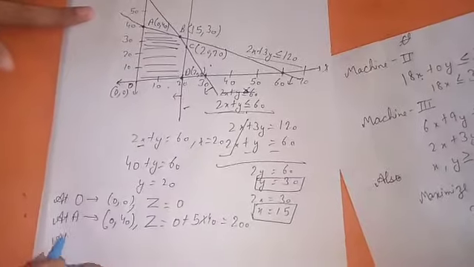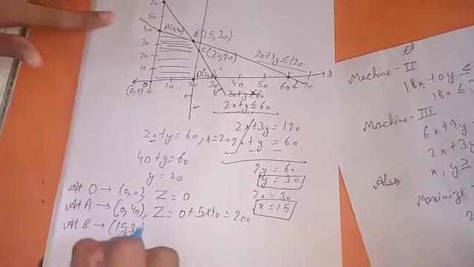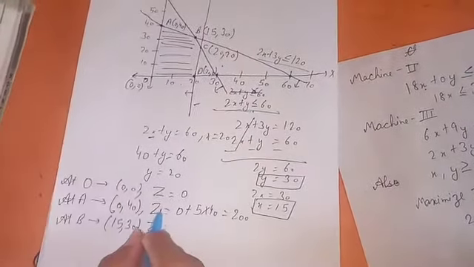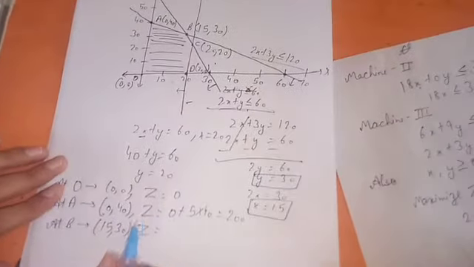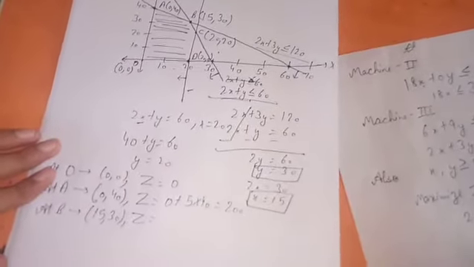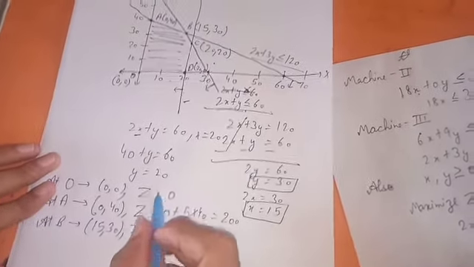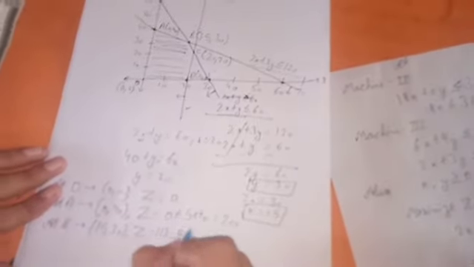At B, with coordinates 15 and 30, our Z will be 15 into 7.5 plus 30 into 5, that will be 112.5 plus 150, so it will be equal to 262.5.